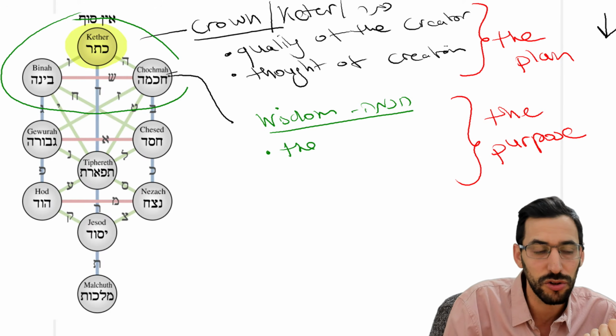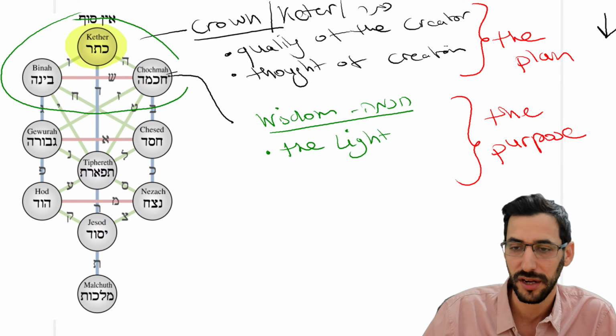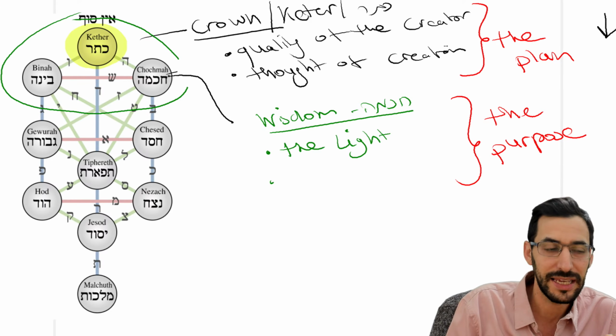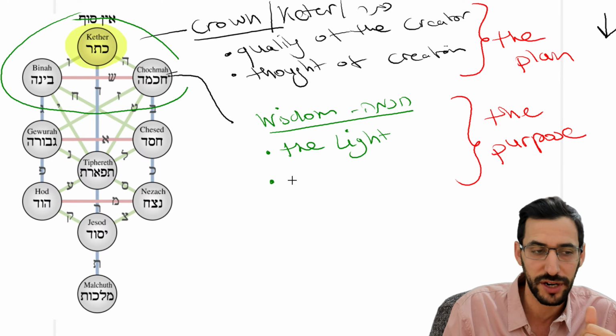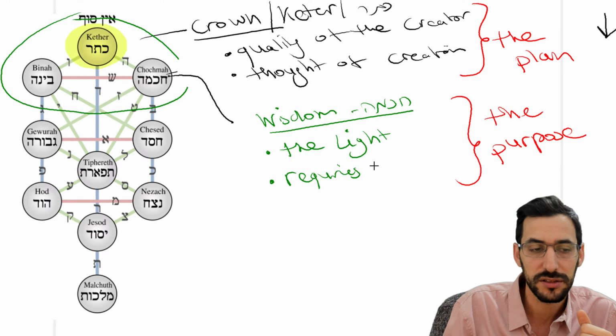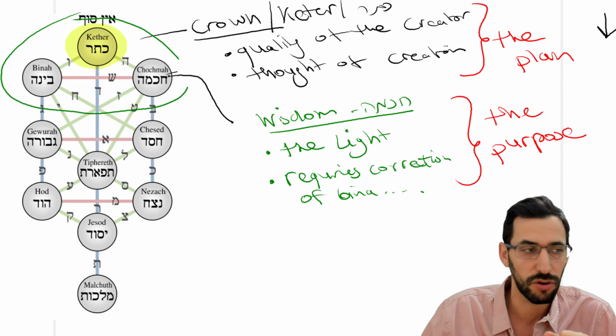It means that it includes the light that is destined to fulfill everything and everyone. It can't do that immediately. It can only do it after the correction of Bina. So Hochma requires correction of Bina. All right, so that's Keter, that's Hochma.